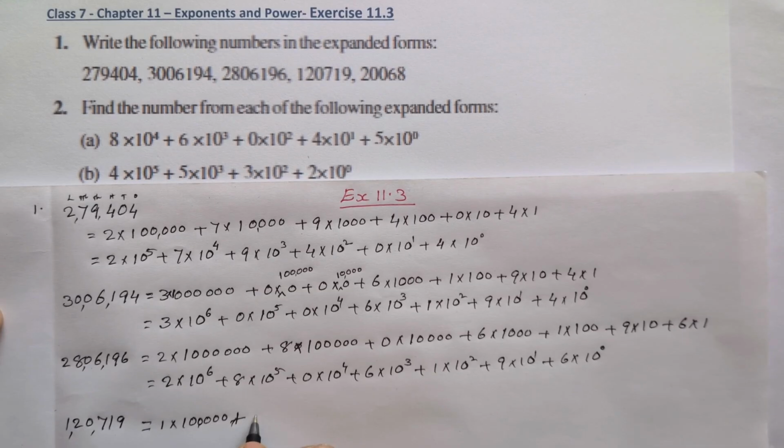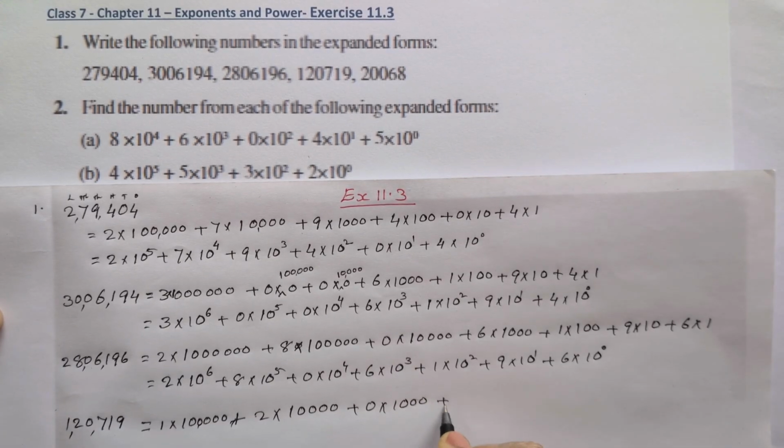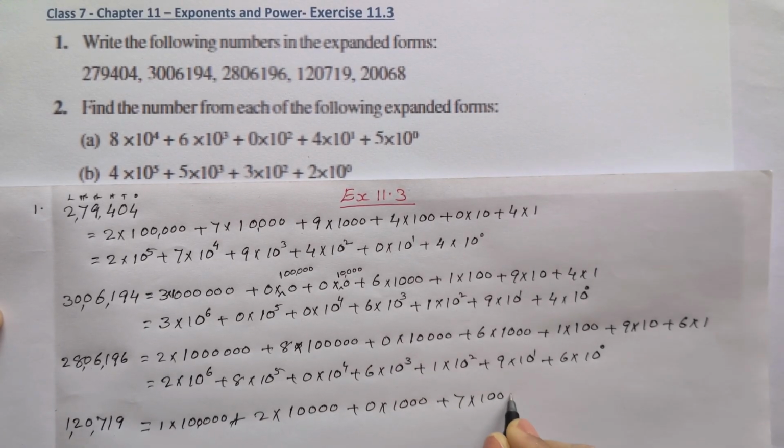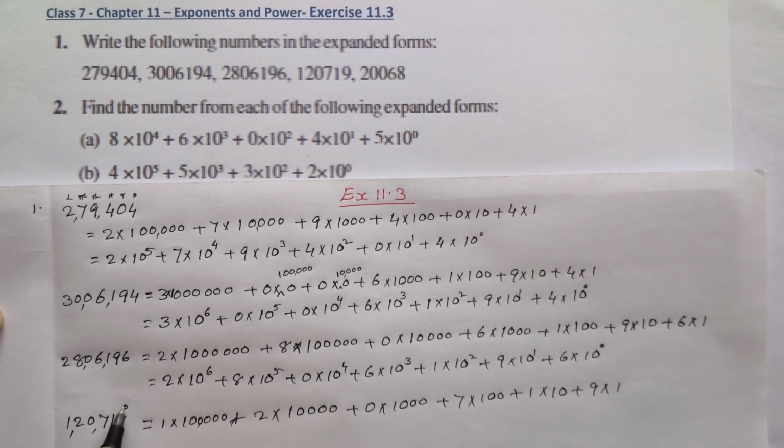That plus 2 into 4 zeros, 0 into 1000 plus 7 into 100 plus 1 into 10 plus 9 into 1. We can write here ones, tens, 100, 1000, 10,000 and lakh.